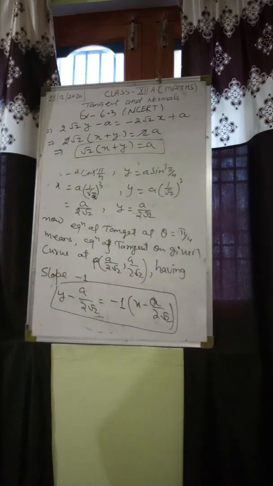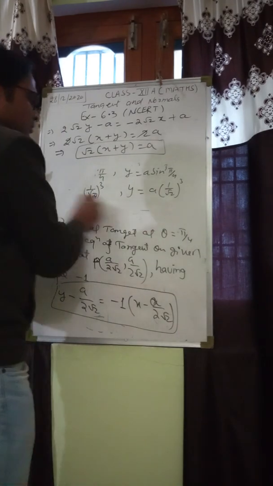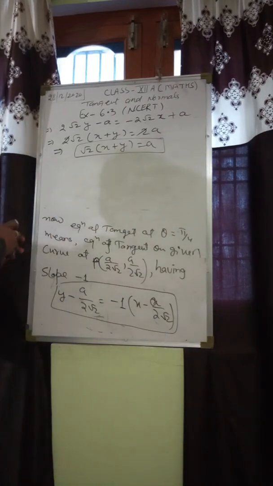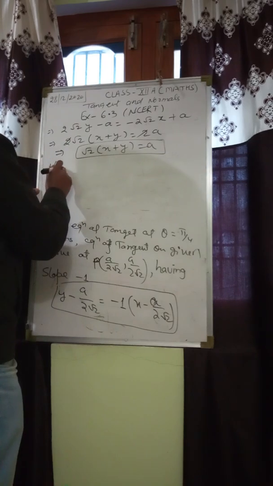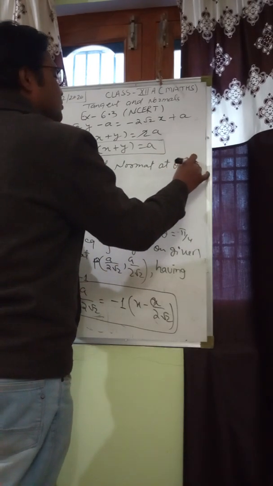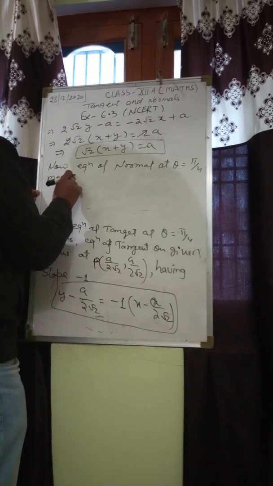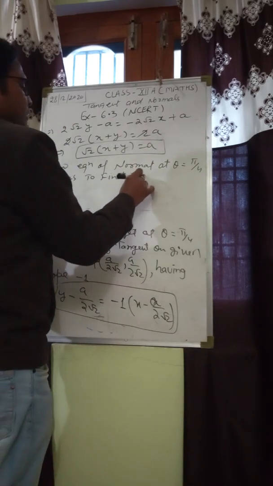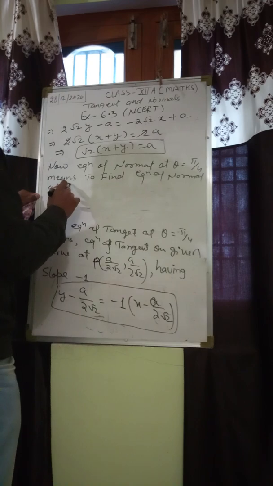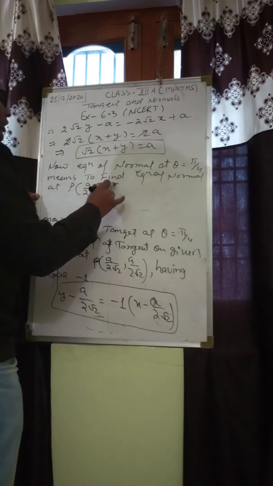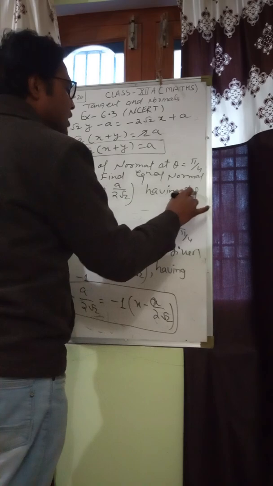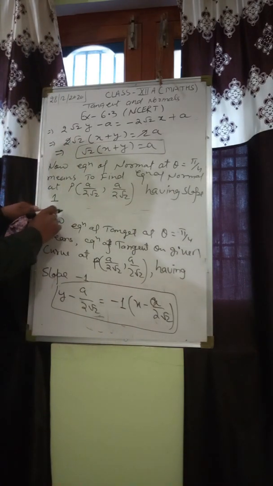Now if someone asks you to find its equation of normal, then the equation of normal at theta is equal to pi by 4 means to find the equation of normal at P (a by 2 root 2, a by 2 root 2) having slope 1. We found the slope of the normal just now.